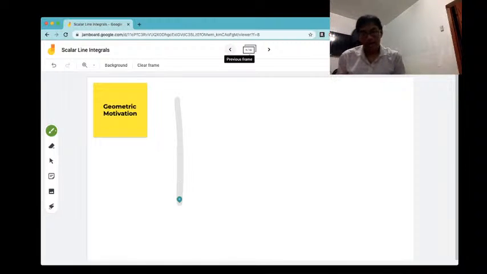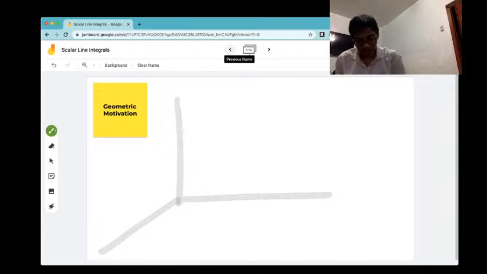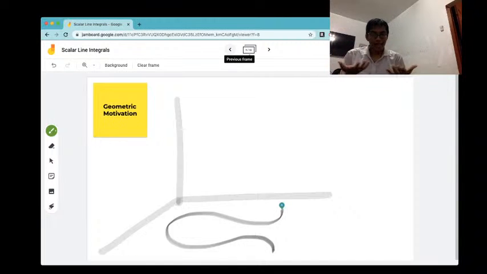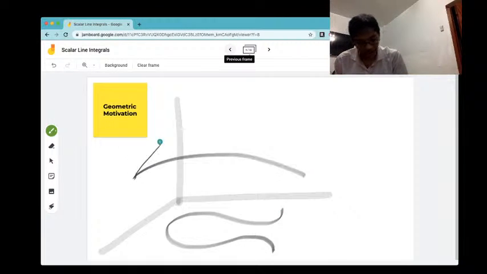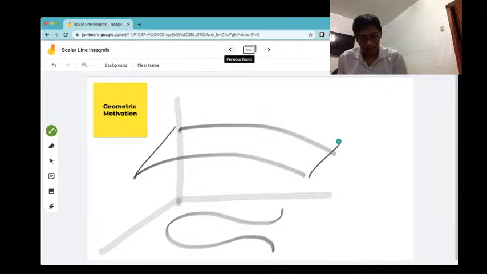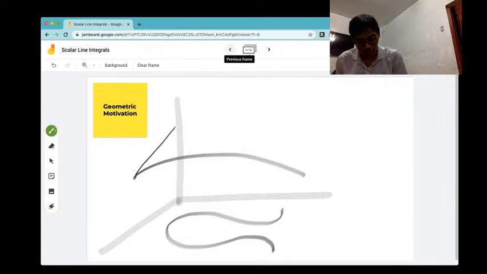So if we go back to XYZ, and let's say we have our path, some kind of a wacky horseshoe magnet kind of path, and that path is going to be mapped to some values using f of x comma y function. Okay, third attempt and final attempt.